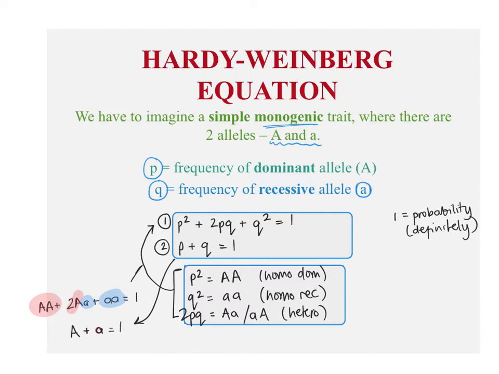It's just commonsensical. We can't get any other alleles in that population because that's one of the things we've said: no changes, no variations. And we're working with these two equations in the middle for the rest of the lesson.